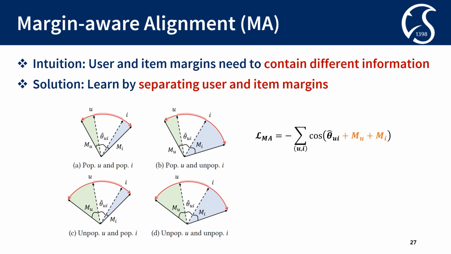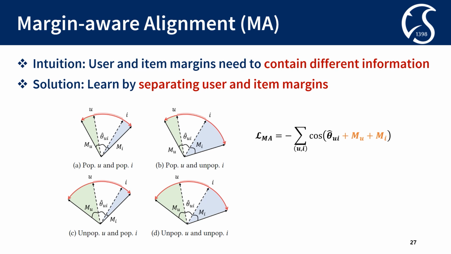We consider four scenarios of positive user item pairs, as shown in the figure on the left. A. Popular user and popular item. B. Pop user and unpopular item. C. Unpop user and pop item. D. Unpop user and unpop item.